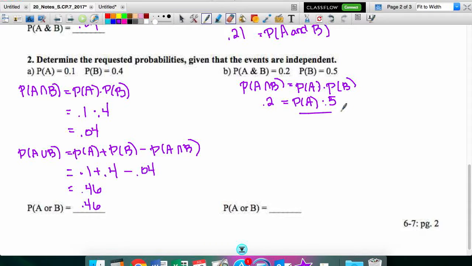Now we can solve for the probability of A by dividing by 0.5, and we find that the probability of A is 0.4. Now that we know A, the probability of B, and the probability of our intersection, we can plug them into our OR formula and calculate the probability of the union.